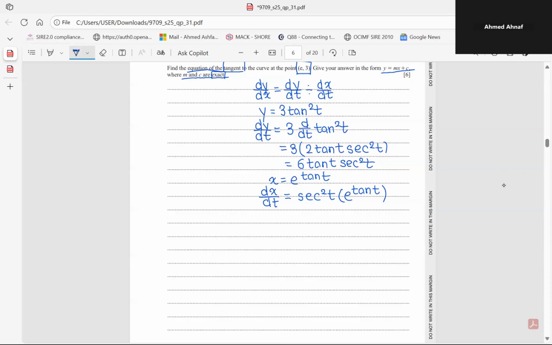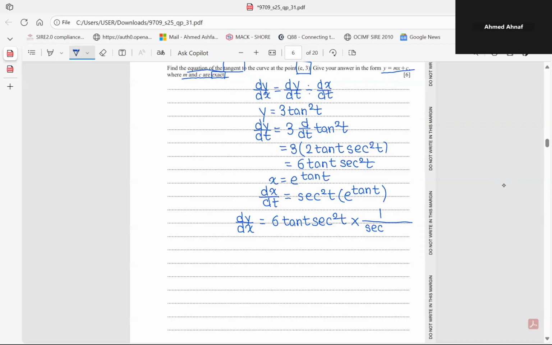All right. So now we can evaluate our dy/dx in terms of t. So this would be dy/dt divided by dx/dt. So if you want to divide by dx/dt, that's also the same as multiplying by the reciprocal of dx/dt.